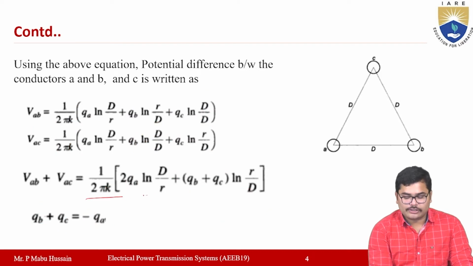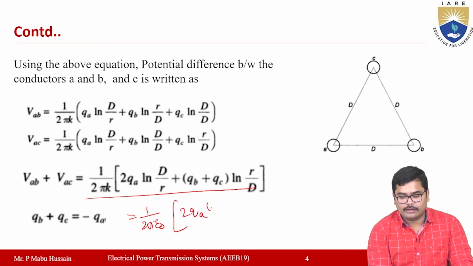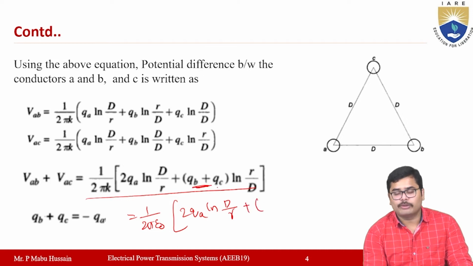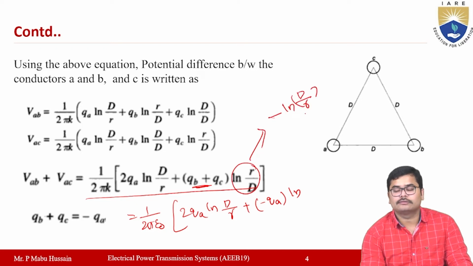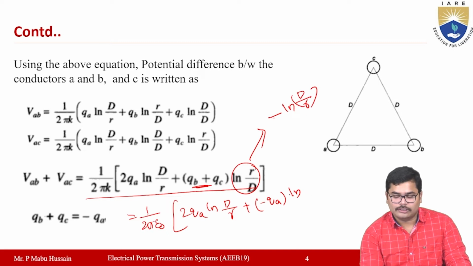This equation you can now write as 1 by 2 pi epsilon naught into 2 QA ln d by r plus, in place of QB plus QC, minus QA ln r by d. This ln r by d can be written in the reverse as minus ln d by r.